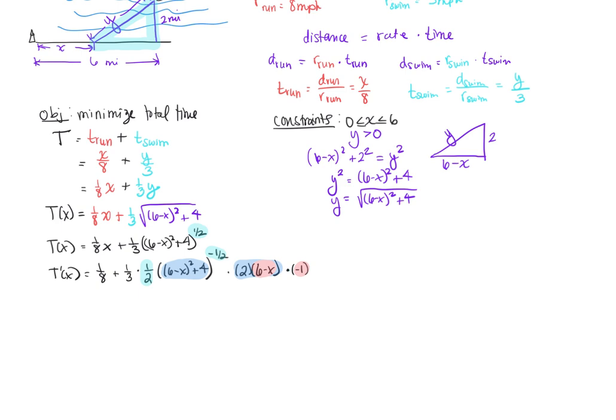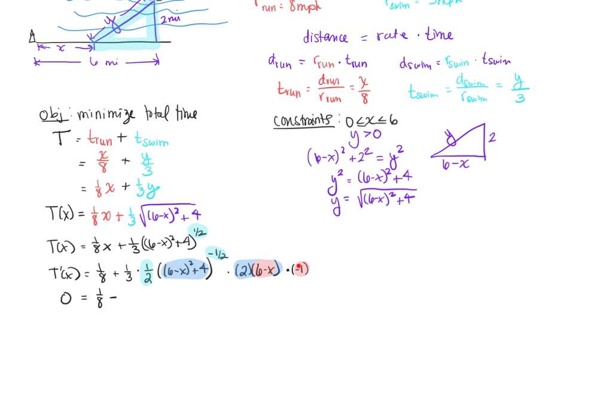So if you're following along, then now we're at the point where we can set it equal to 0 and try to find our critical points. So we set it equal to 0, and we have 1/8, and now we have 1/3 times 1/2 times 2 and times a -1. So it's going to be a subtraction because there's only just the one negative. But what happens is the 1/2 and the 2 multiply to give us 1.